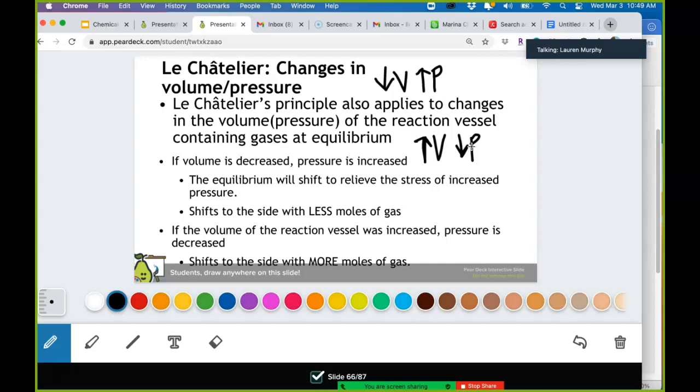So when they talk about changing volume or pressure, you are only focusing on the species that have a g next to them or are gases. You completely do not care about anybody else in the reaction in terms of pressure and Le Chatelier. I'm not going to read this to you. I'm going to do a practice with you. Okay? But this tells you how everything will work based on how many moles of gas you have on each side of the equilibrium arrow.